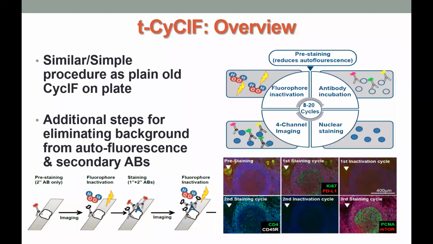Cyclic immunofluorescence, or CySIF, is conceptually pretty simple. Basically you do a regular immunofluorescence just like before, but one key component is that you remove the signal after you have done the imaging, like the illustration we show here.